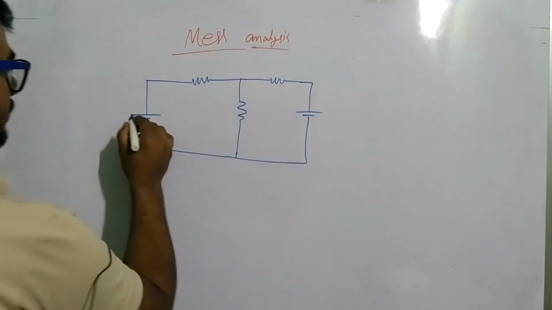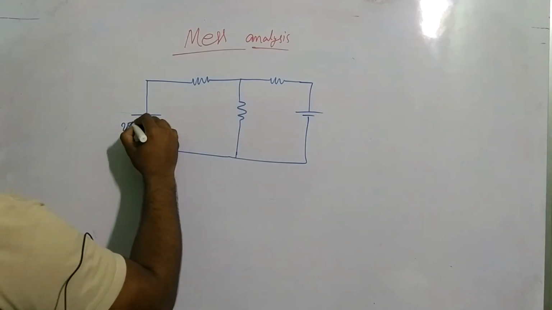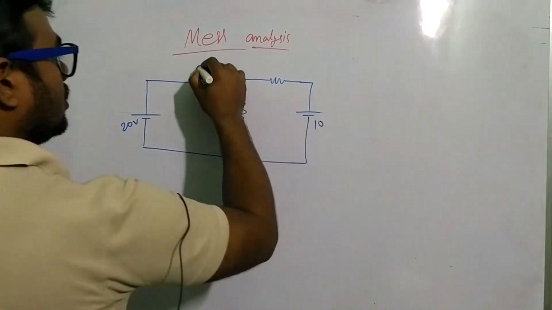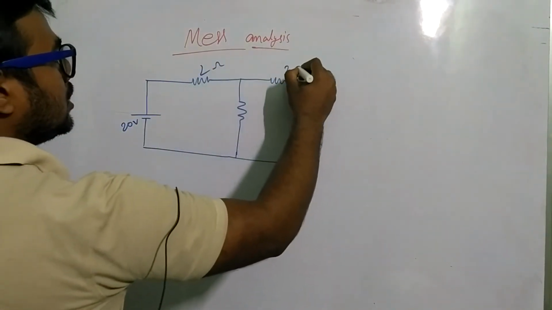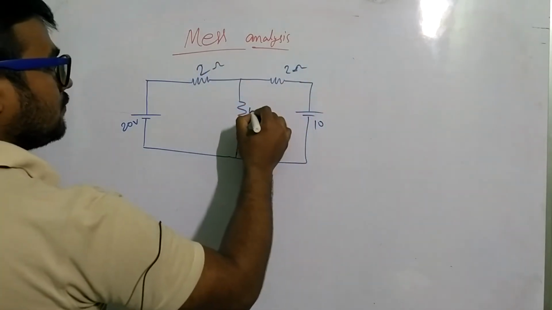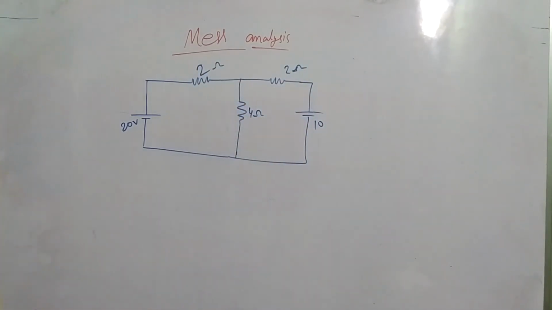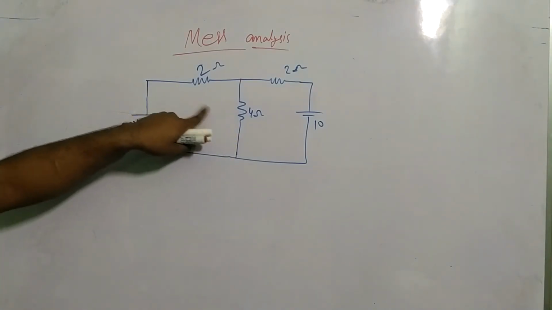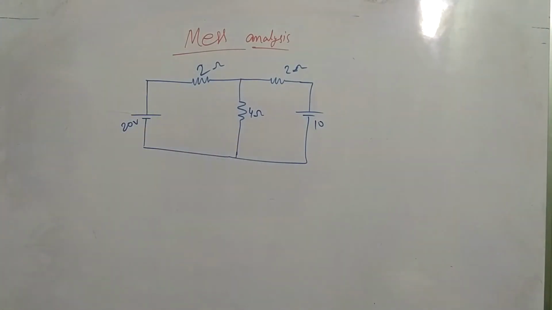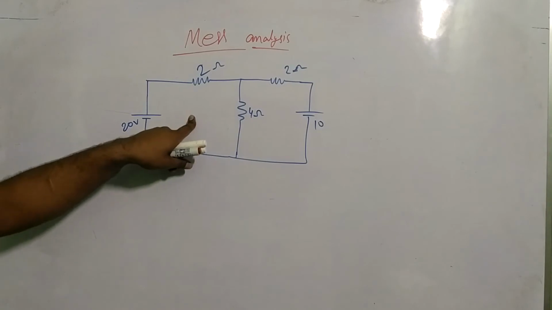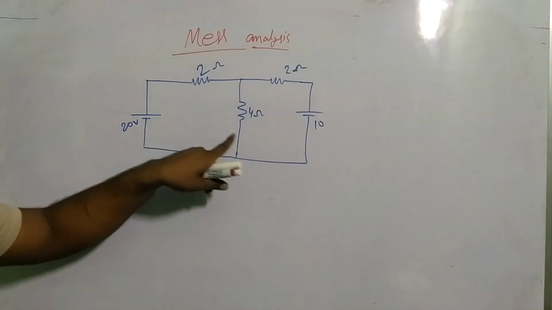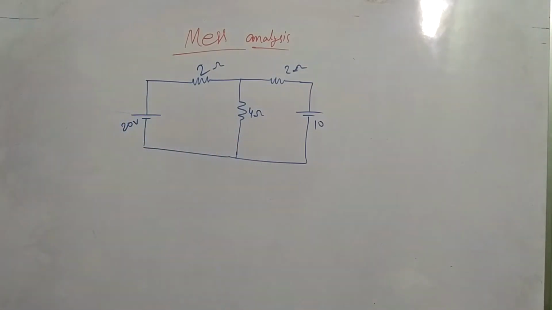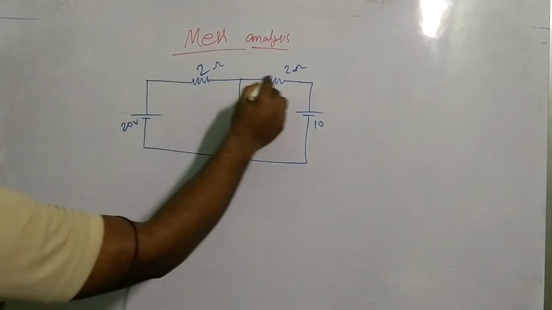So what is the value? This circuit has a 20 volt source, a 10 volt source, and resistors of 2 ohm, 2 ohm, and 4 ohm. Mesh means only a small loop. When I am applying KVL, KCL, I take this loop and this loop, as well as the whole loop.